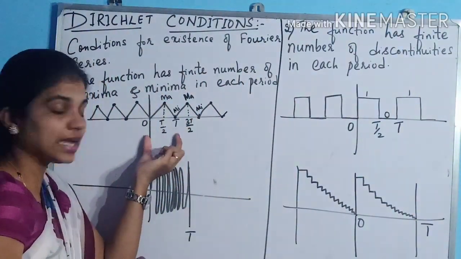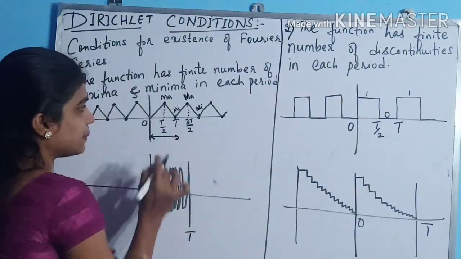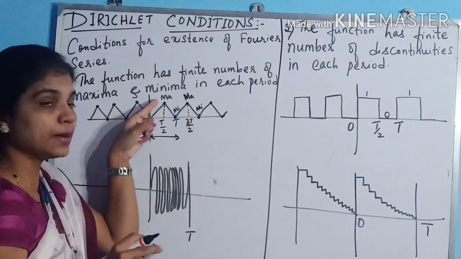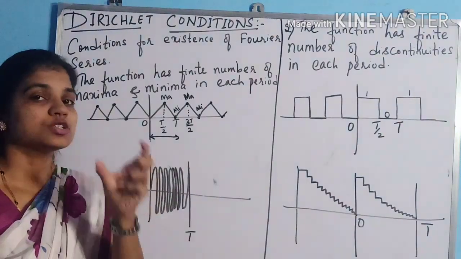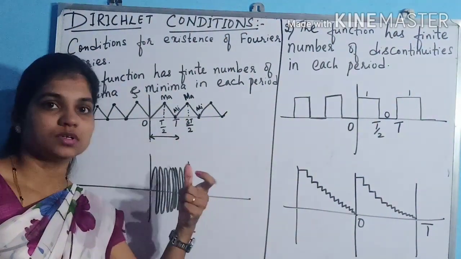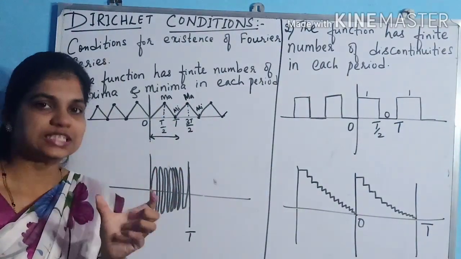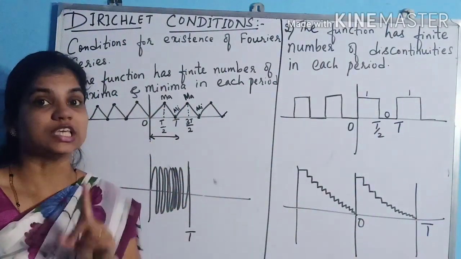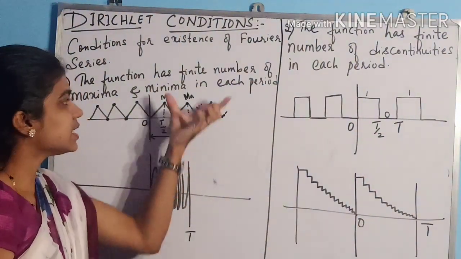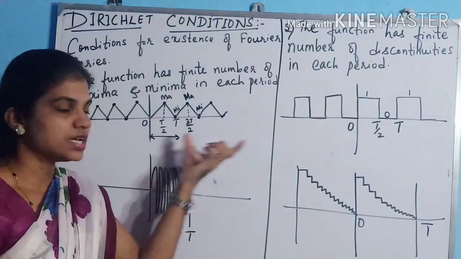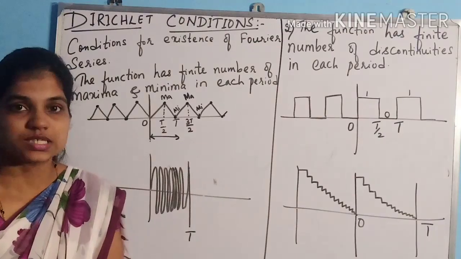This is one time period, from 0 to T, and we have one maxima and one minima in this particular time period. So I am able to count them, one each. So in such a waveform, the Fourier series exists.